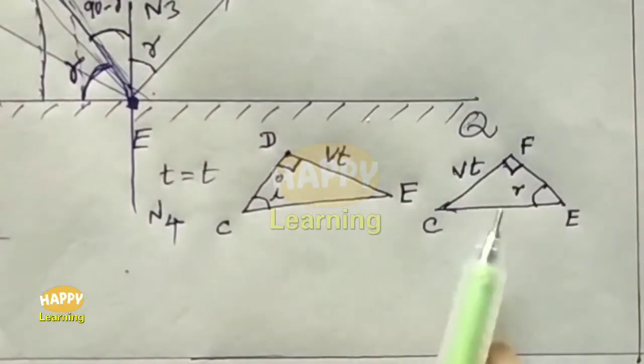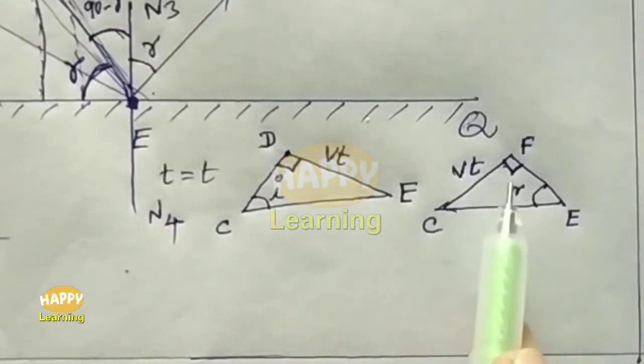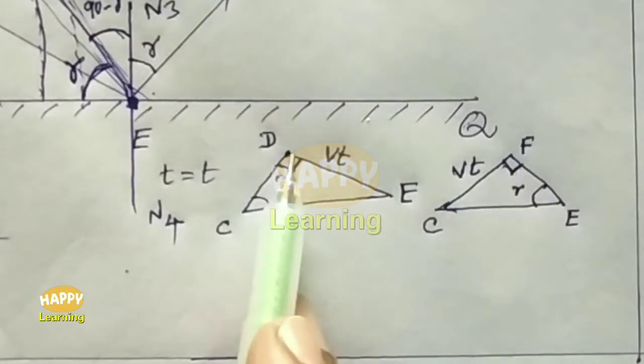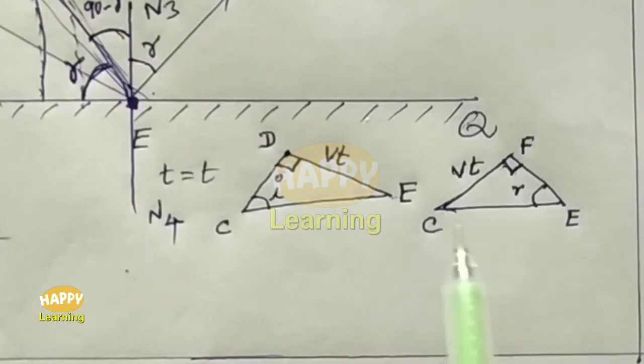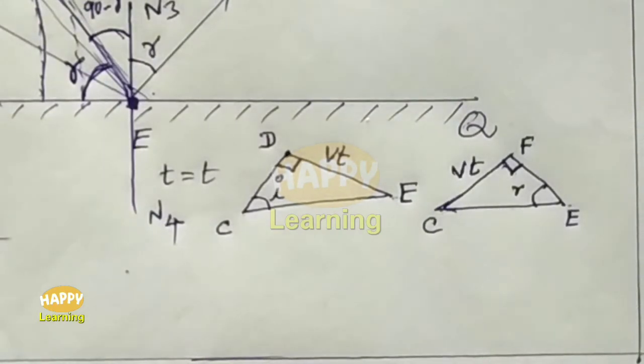So in these two triangles, one angle equal to one angle, one side VT is equal to one side VT, one side CE is equal to another side CE.